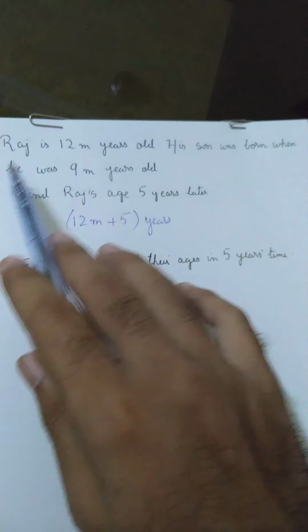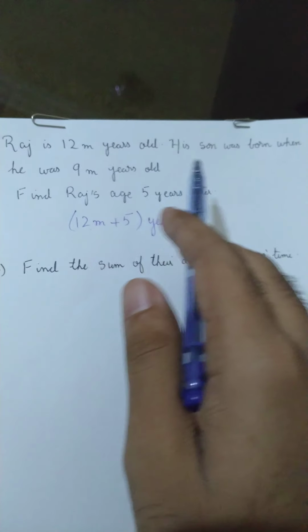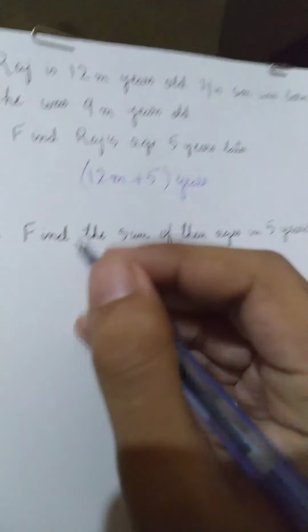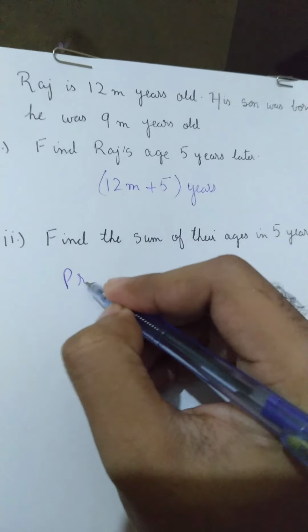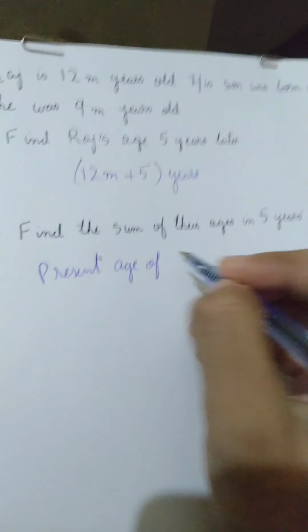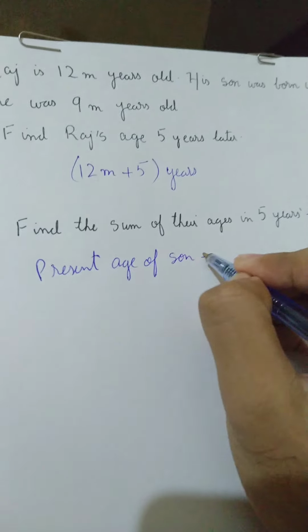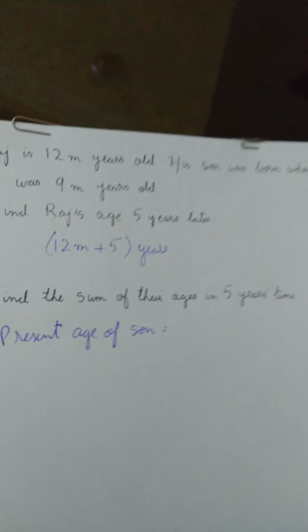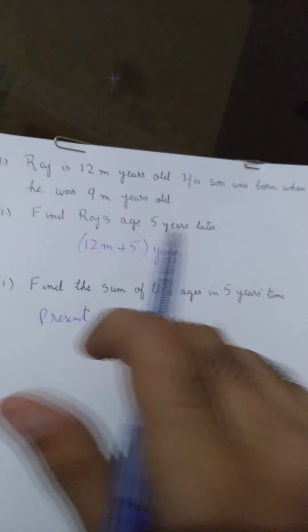His son was born when he was 9m years old. So we don't know the age of the son. So first, to find the present age of the son, for example, to understand this, let's take an example.